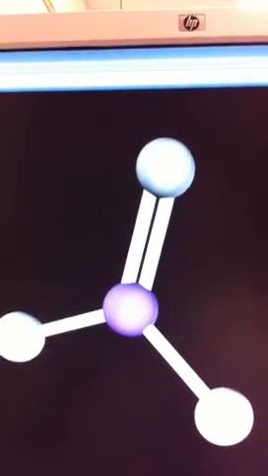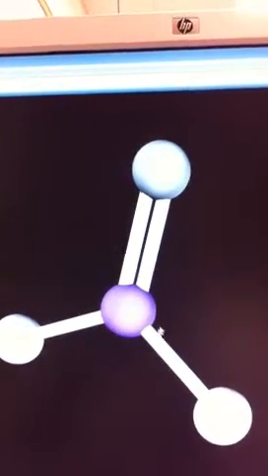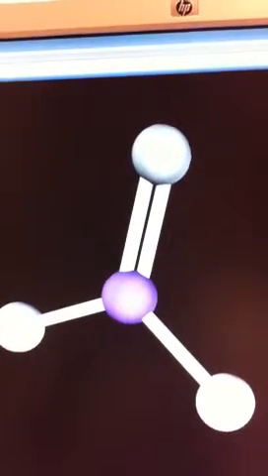These bonds have repelled each other to the greatest degree possible. They would like to repel each other to 180 degrees, but then these bonds here would be too close. So they've repelled each other to about 120 degrees. You don't have to worry about the degrees, you just have to know that they're repelling each other. So this is trigonal, and because they're all on the same plane, we're going to call it trigonal planar.